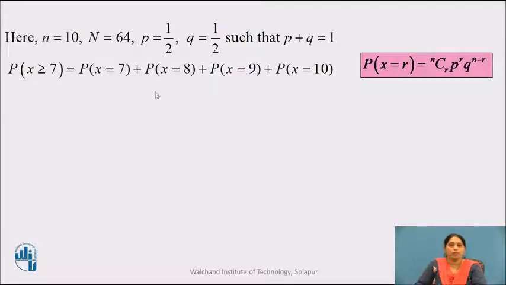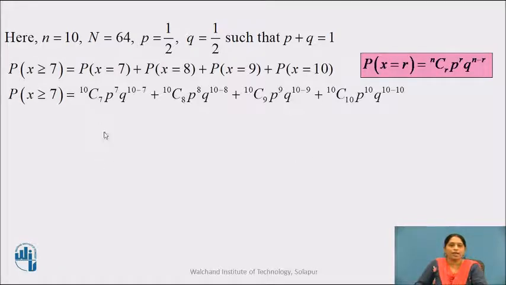Substituting for r equals 7, 8, 9 and 10 respectively, we can write the probability of x greater than or equal to 7 is equal to 10C7 p raised to 7 q raised to 10 minus 7 plus 10C8 p raised to 8 q raised to 10 minus 8 plus 10C9 p raised to 9 q raised to 10 minus 9 plus 10C10 p raised to 10 q raised to 10 minus 10.